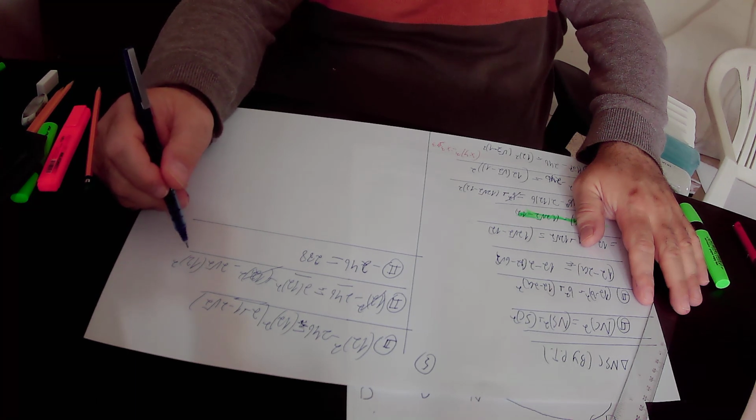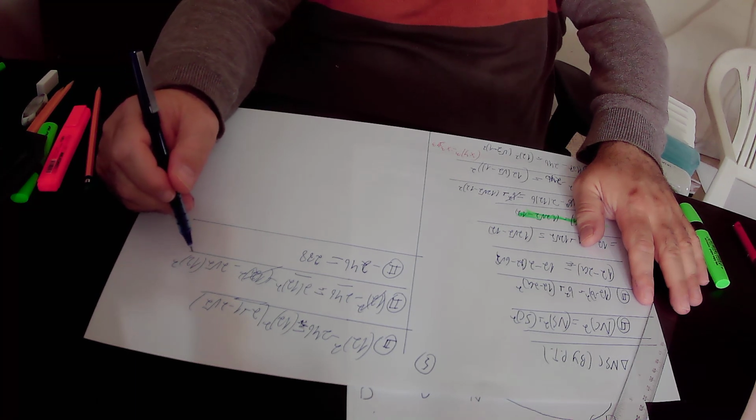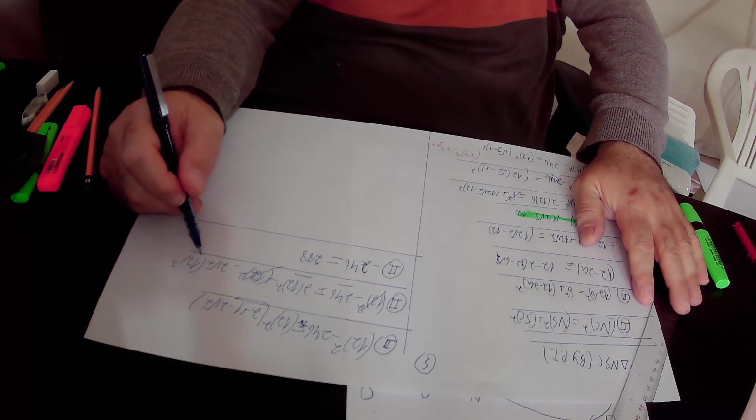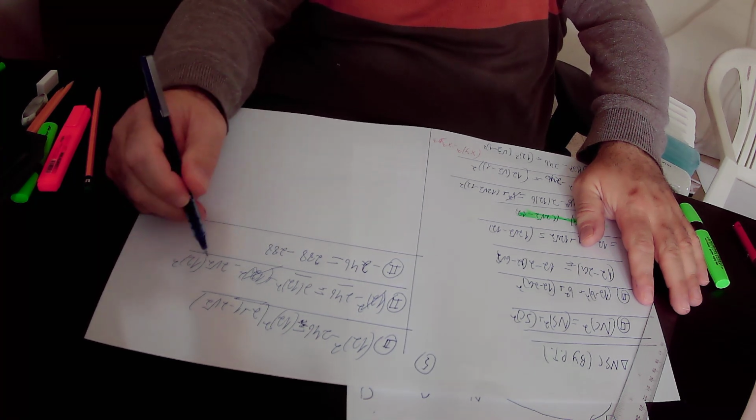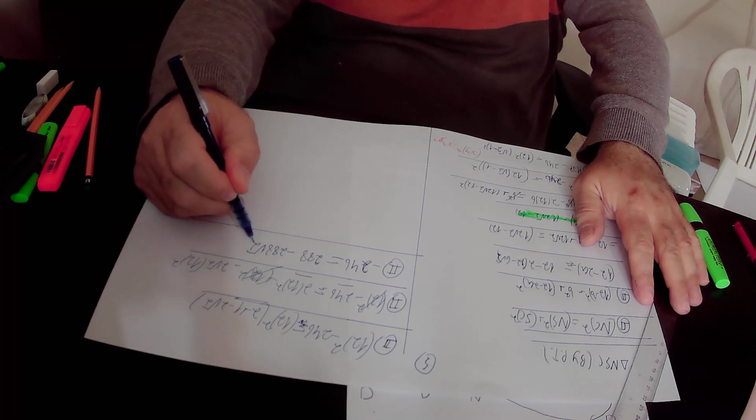And here we have 12 squared is 144, 144 times minus 2 is minus 288, times also square root of 2.